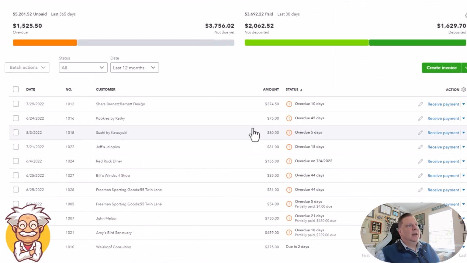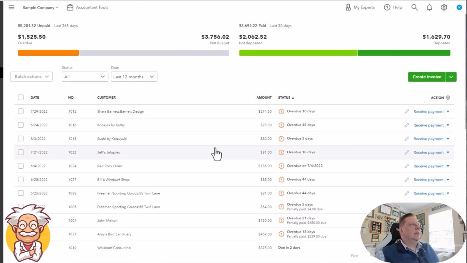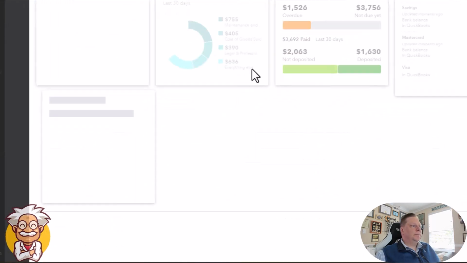And again, if you just click on it, it goes straight into your customer section here in your billing and tells you what's outstanding and what's still to come. And if you notice, the red always means they're overdue.